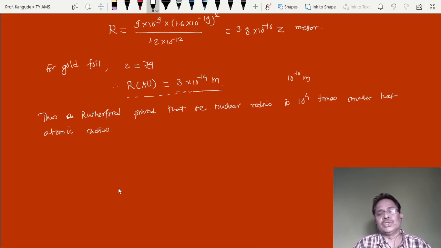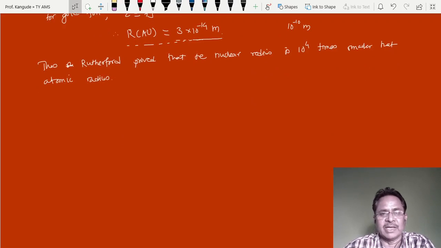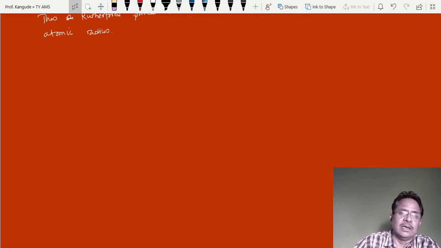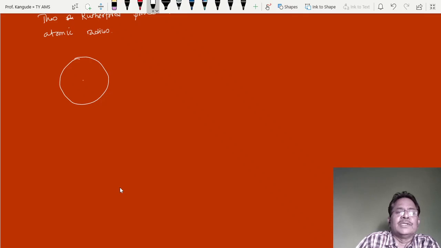So this is how he showed that this nucleus is very small. In general, this is the atom itself, a few angstroms, 10 raised to minus 10 meters, and this is just a very small nucleus, and the radius of this is 10 raised to minus 14 meters.